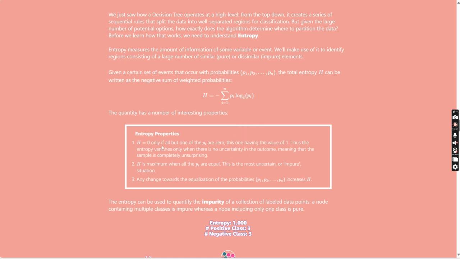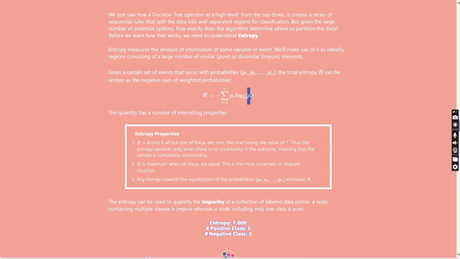This H value becomes 0 because you are multiplying and summing, for example P1 log2 of P1 plus P2 log2 of P2. So the whole thing becomes 0 when the probabilities of all the other events become 0.